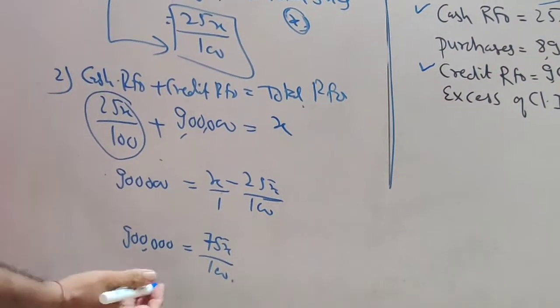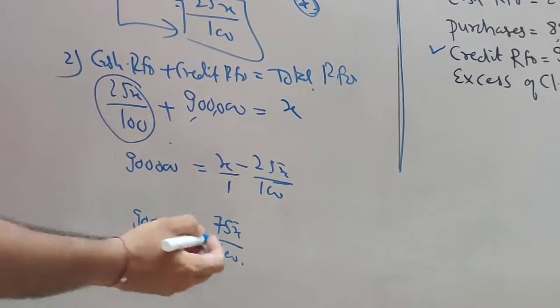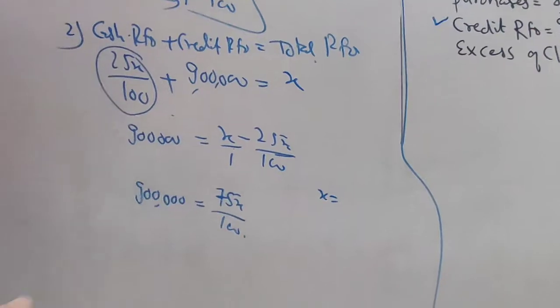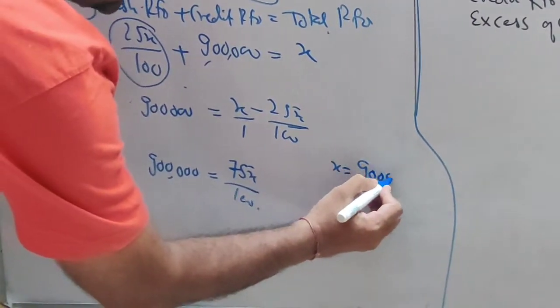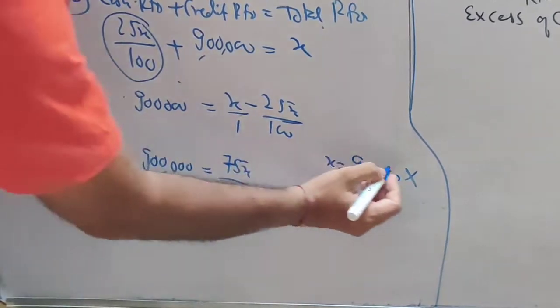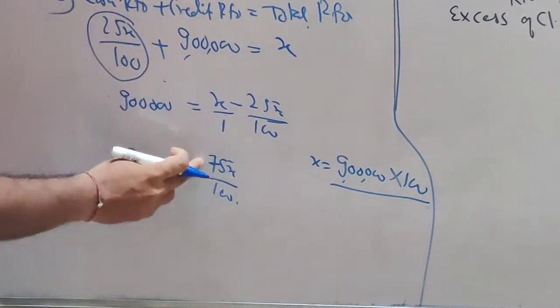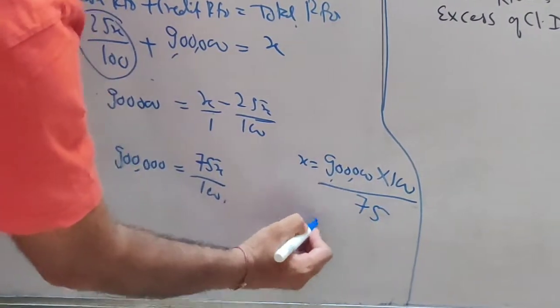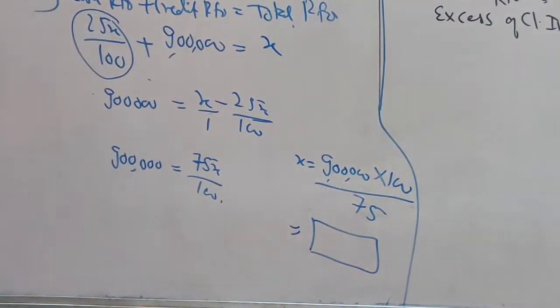Agreed, students? Now, what will be your x ka value here? X ka value will be 9 lakh into 100 divided by 75. This will give you total sales.